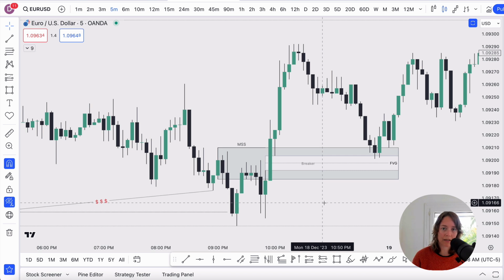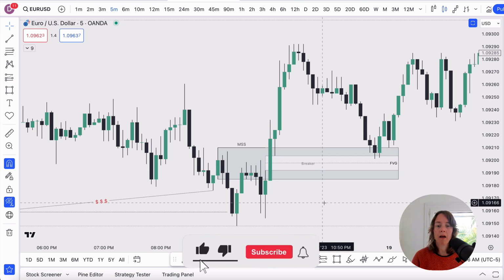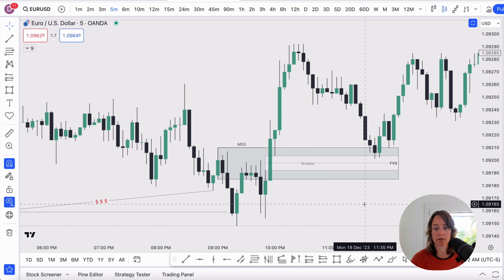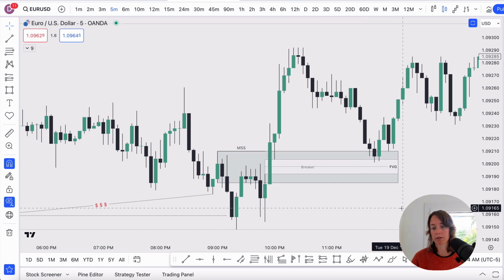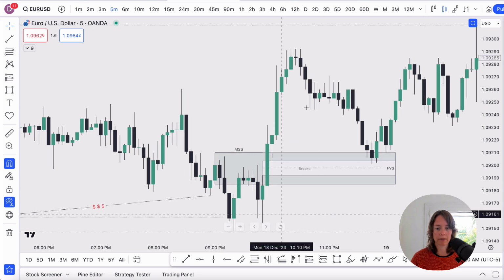So you get your bias, you know what you're looking for, so maybe some sort of power of 3 move, where you want to get in after the manipulation, and you want to enter into a kill zone, into a session where it makes sense to enter, because that's where the volume is and that's where the algorithm actually will serve you. So, of course, those are the things you need to keep in mind.